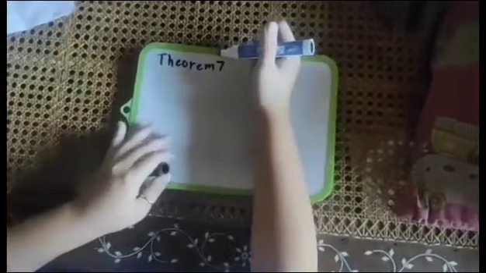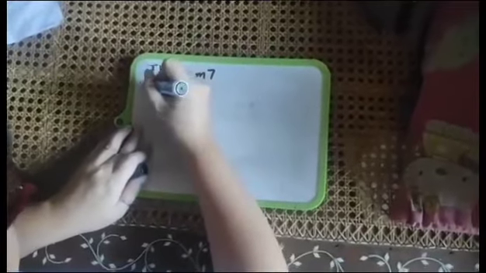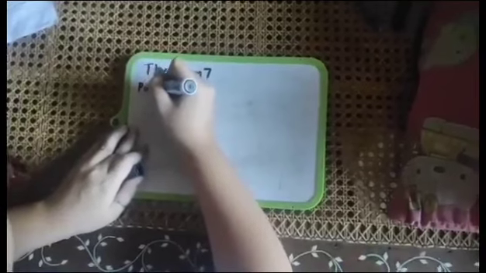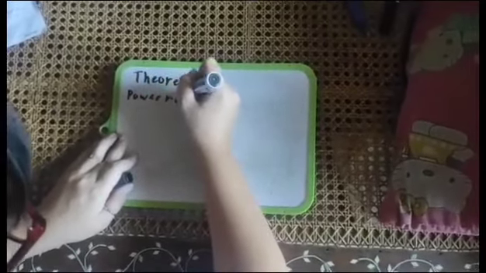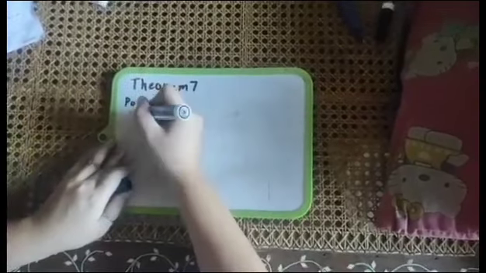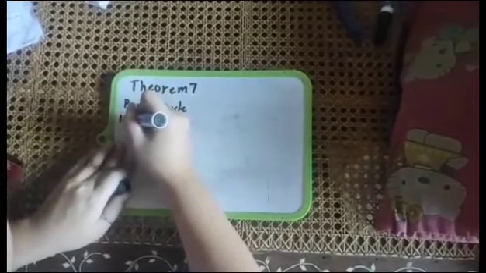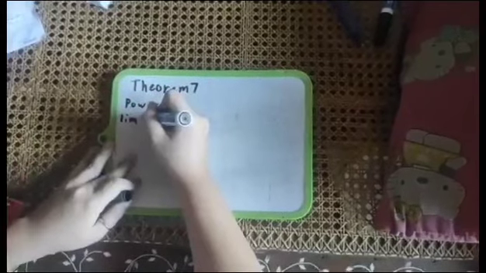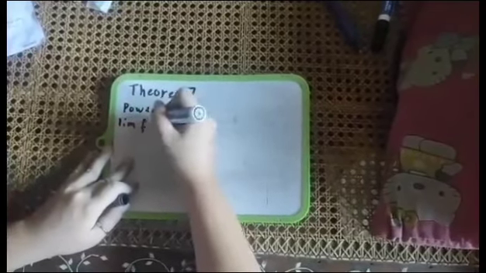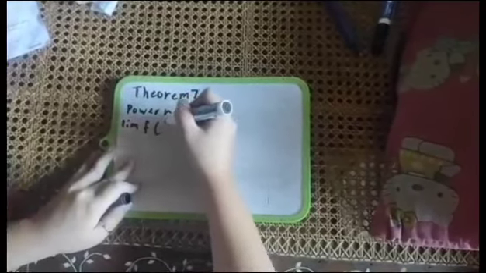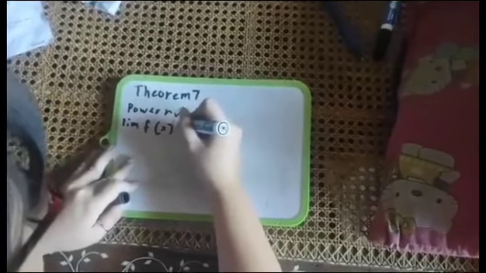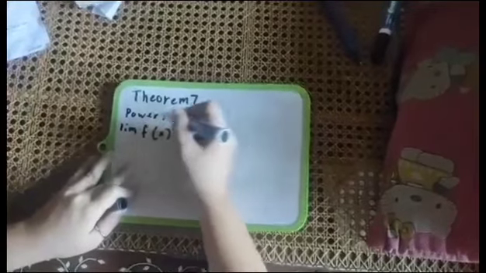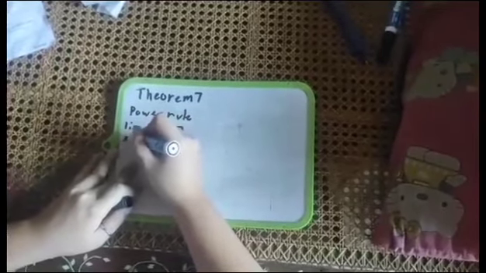In theorem number 7, the power rule, the limit of f(x) to the power n as x approaches a is equal to the limit of f(x) as x approaches a, raised to the power n.